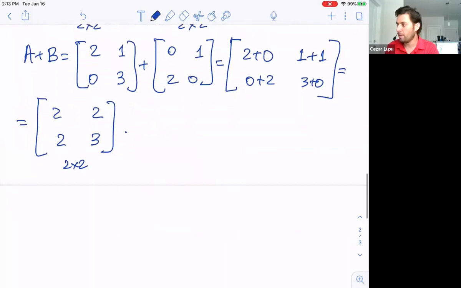That's very, very simple. And now let me give you another quick definition of scalar multiplication.